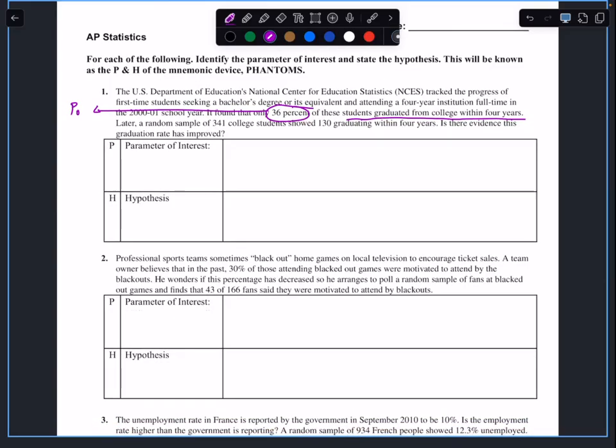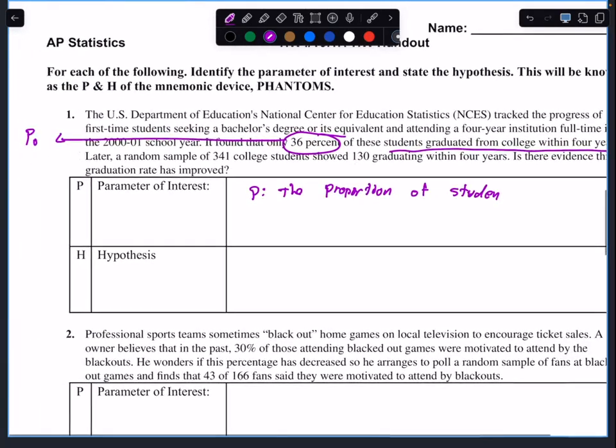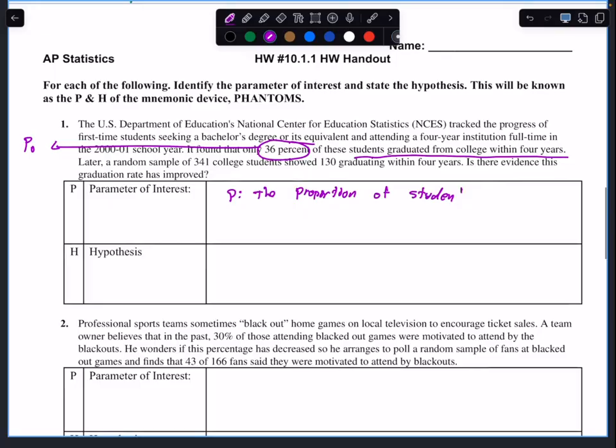You can do this one of 2 ways. Do you want to define the parameter first, or do you want to define your hypotheses first? No wrong answer to that, but let's start with our parameter. What is it that we are looking for? We are looking for the true proportion of students who graduate.